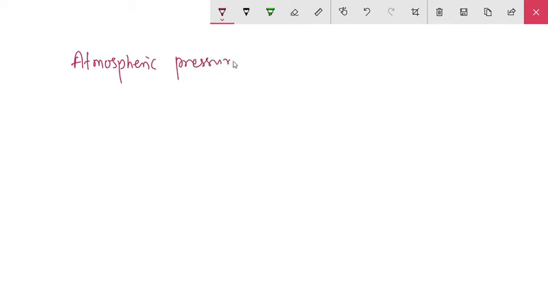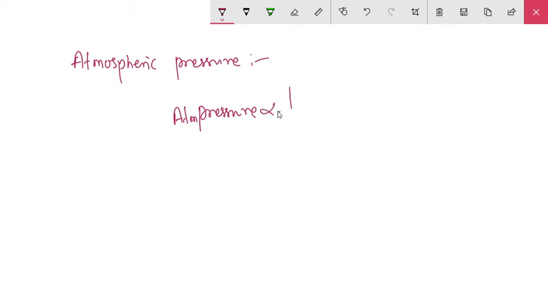Atmospheric pressure also shows an inversely proportional relation to the rate of transpiration. So if the atmospheric pressure is higher, the rate of transpiration will be low.